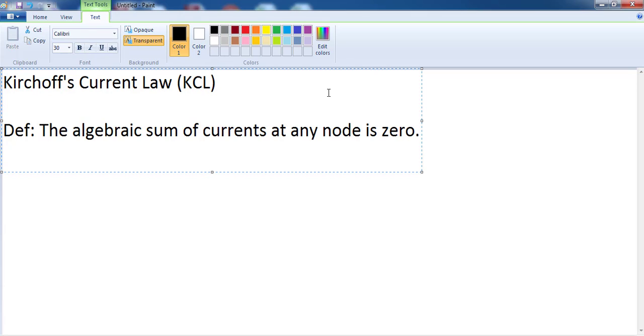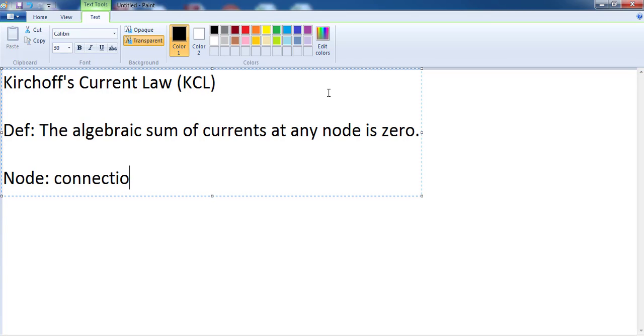Okay. Kirchhoff's current law means the algebraic sum of currents at any node is 0. Means you have a connection point, we call it a node. Node means connection point.